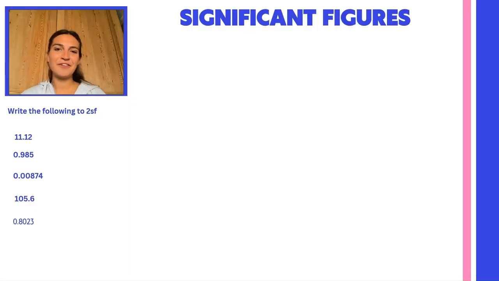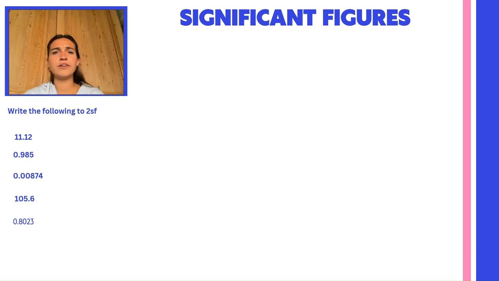Okay, let's have a go at leaving some values to a particular number of significant figures. So here, I need to leave all of these numbers to two significant figures. The first one, 11.12. Well, my first significant figure is that first 1, and then my second significant figure is that next 1.